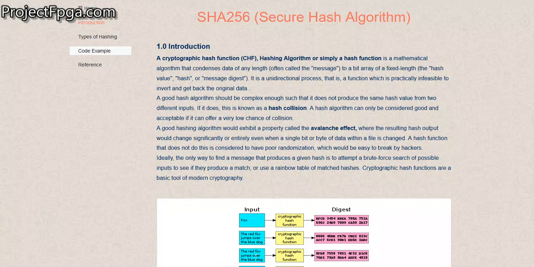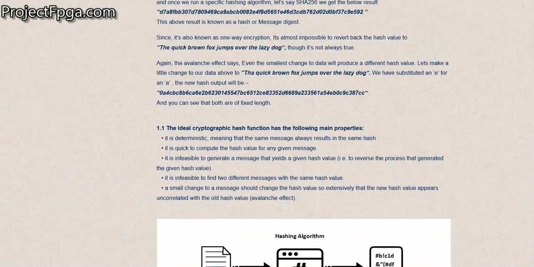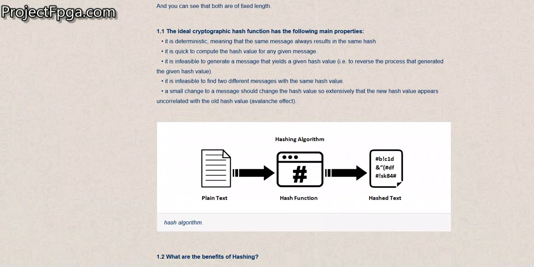So we know SHA-256 is not an encryption, it's hashing. Here I've listed some functions of a cryptographic hash, including that the same message always results in the same hash, always, because it's more of an algorithm or a set of protocol.